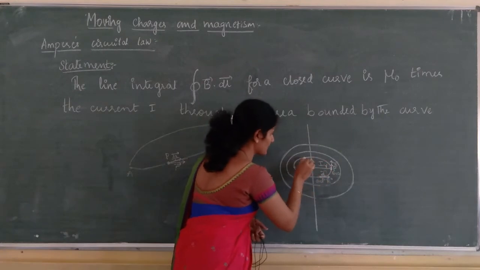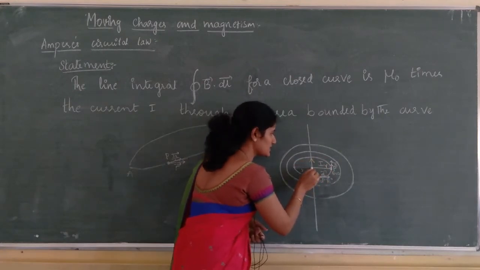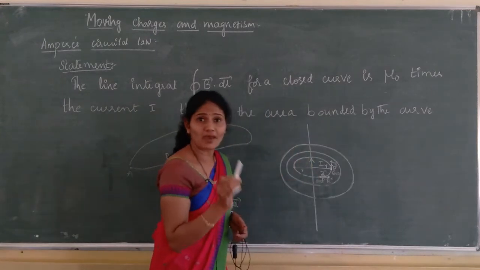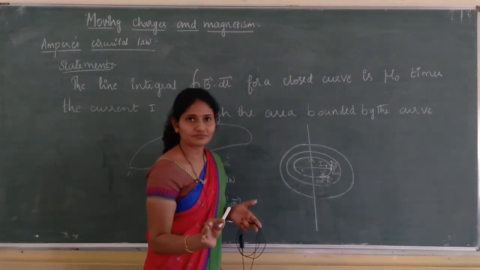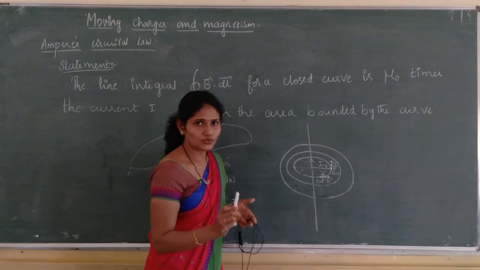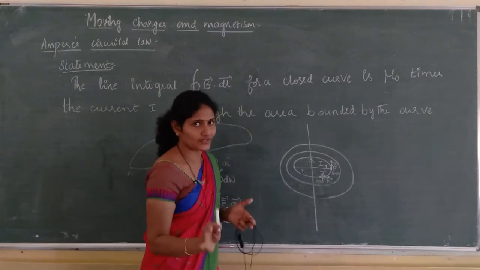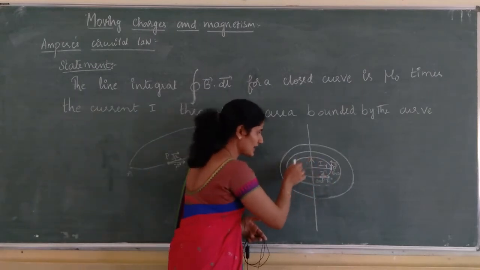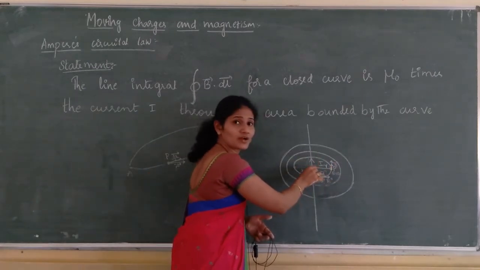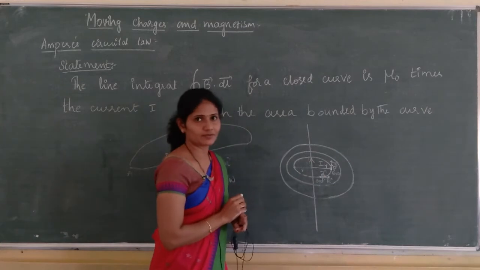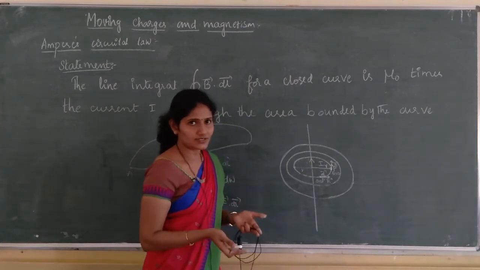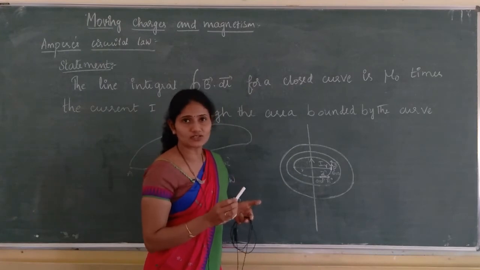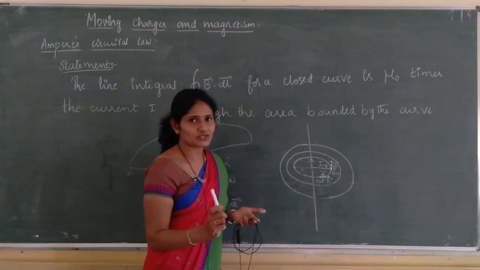Since all the points are at the same distance from the axis of the conductor, the magnitude of the magnetic field is the same. The magnitude of the magnetic field remains constant because they are at the same distance from the conductor, because r is constant. If r is constant, then the magnitude of the magnetic field is also constant. Direction is not constant.